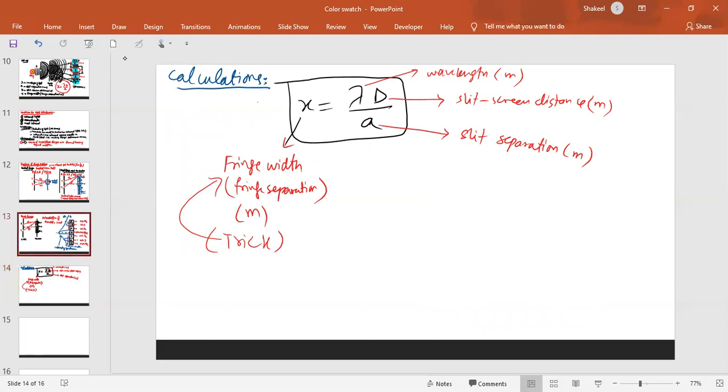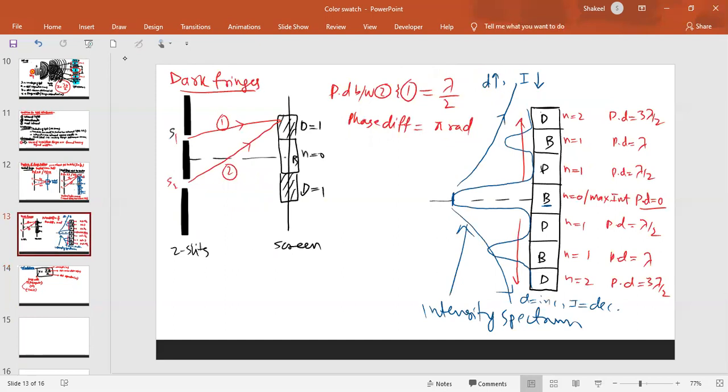Because sometimes, let me take you back, they can ask you that the distance between the center of N2 and the center of this N1 is, let's say, 10 millimeters. I'm overwriting it just to tell you something quickly.